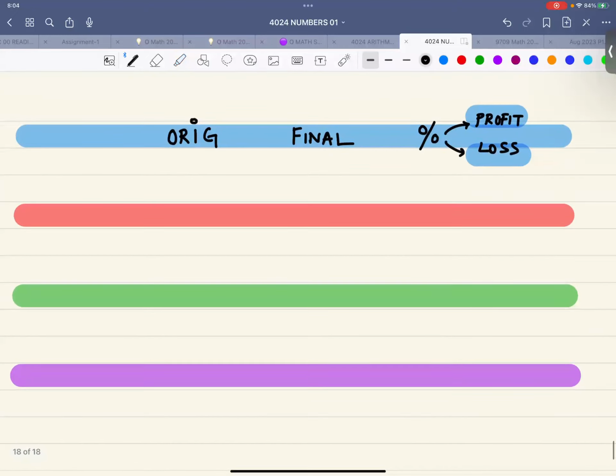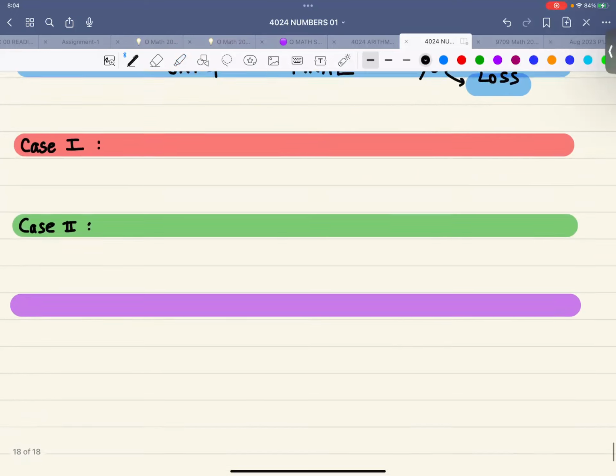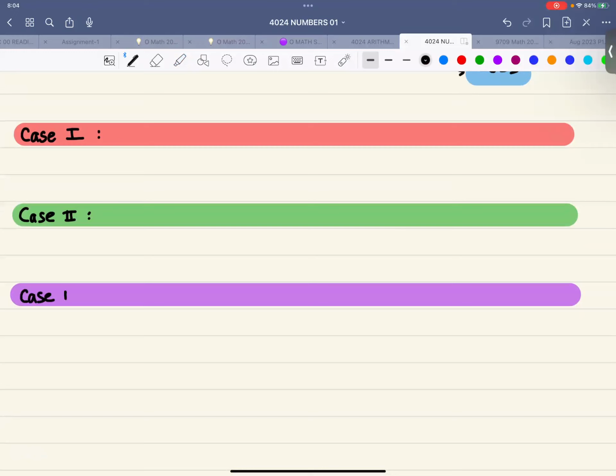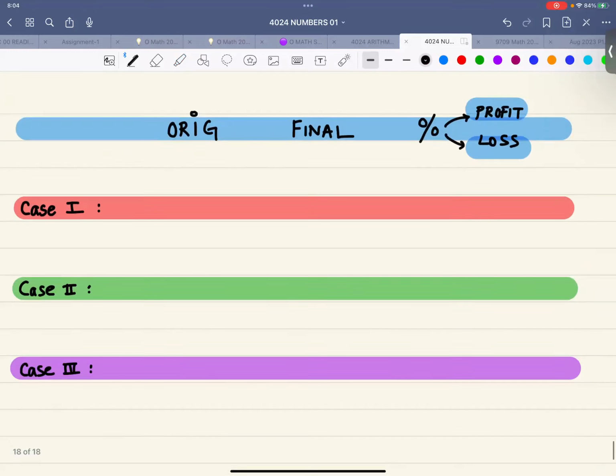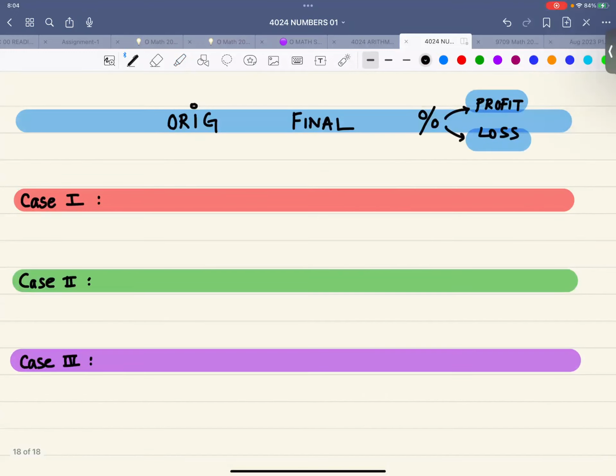Now, first of all, if I talk about case 1 versus case 2 versus case 3. In case 1, we had the original, we had the final, and we find the percentage profit or loss by this formula: change divided by original into 100. That is what we use.